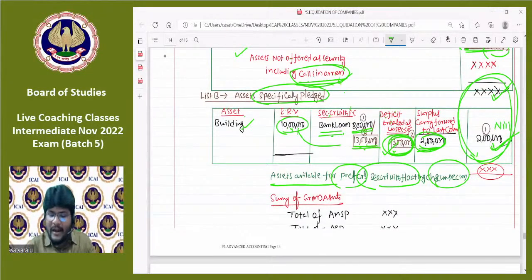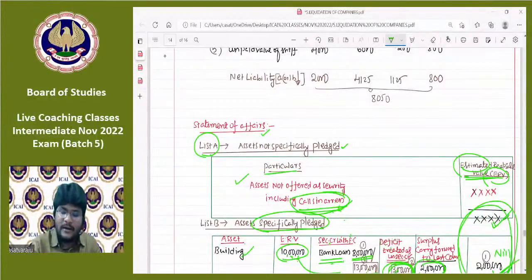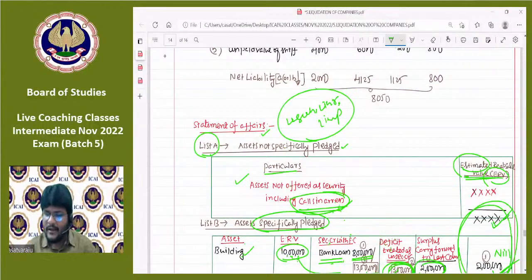But we are writing assets available for only liability holders: preferential creditors, secured creditors with floating charge, and unsecured creditors. Sir, what about legal charges, liquidator remuneration, liquidation expenses, and all other stuff? For the entire statement of affairs, the board of directors will ignore legal charges, liquidator remuneration and liquidation expenses. You know why?